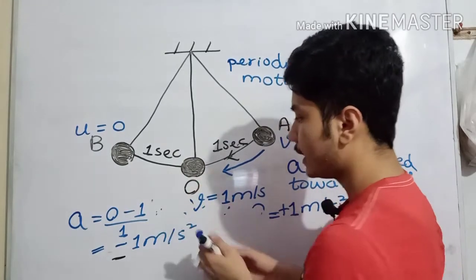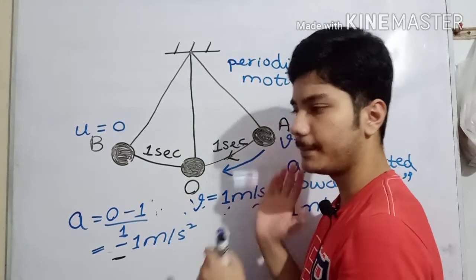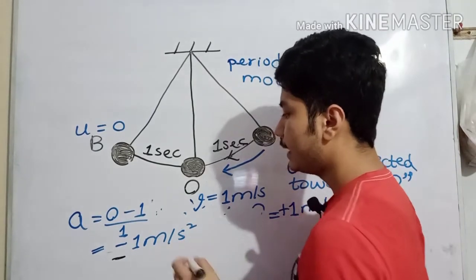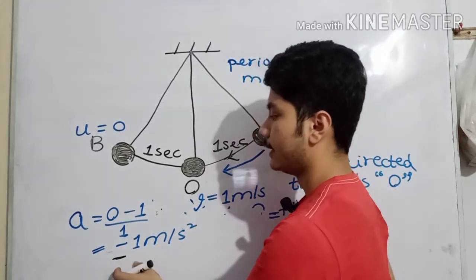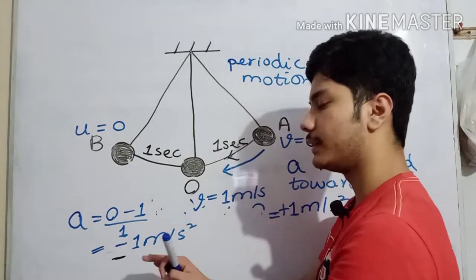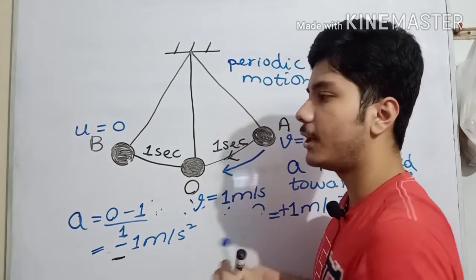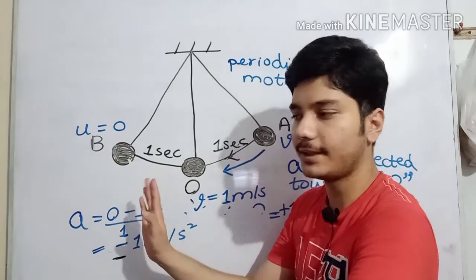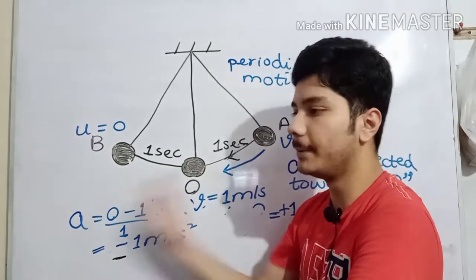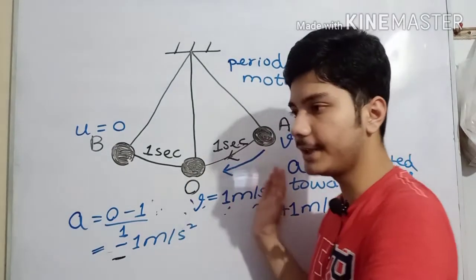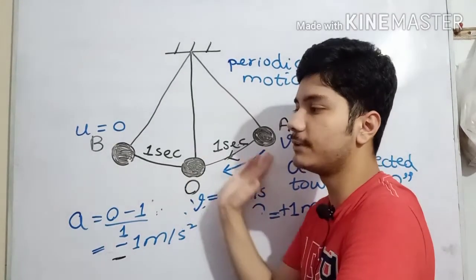Each second. So as I told you a few minutes ago, when the acceleration is negative, its direction will be opposite to the direction of motion. If the object is moving towards left, the direction of acceleration will be right. If the direction of motion is at right, then the direction of acceleration will be at left.